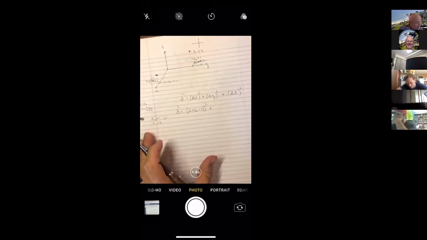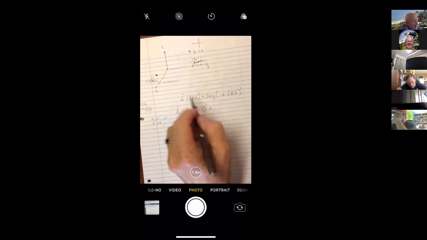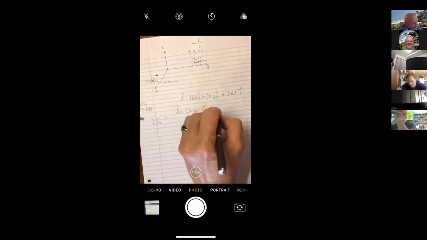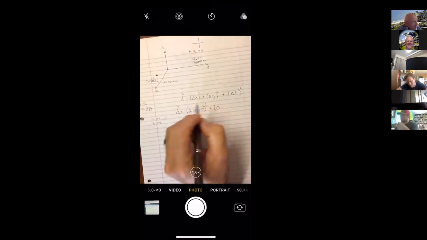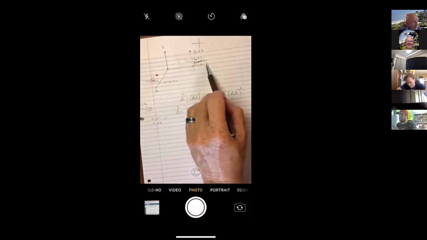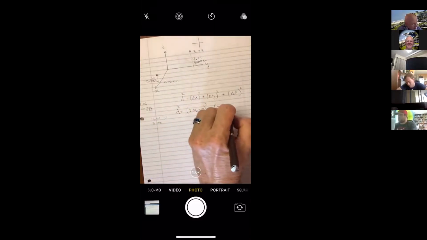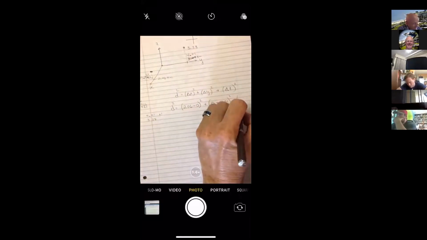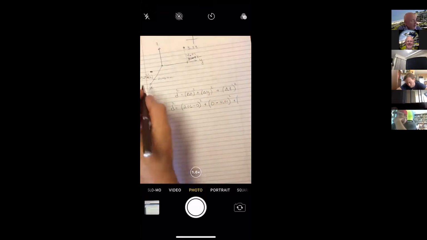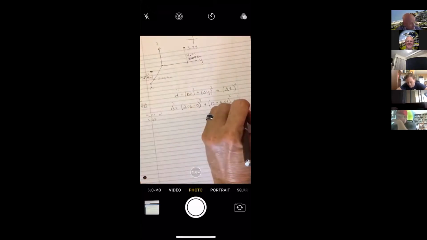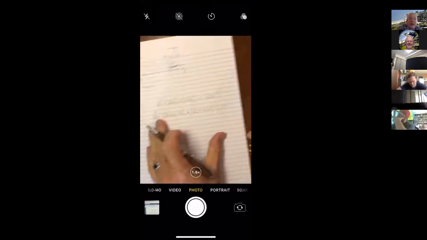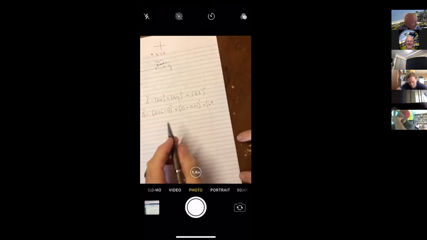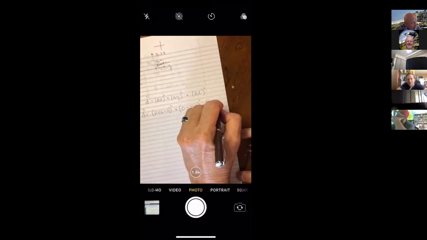Now, on the y-axis, the first plane was 0, and the second plane was at 4.01. And on the z-axis, the first plane was at 0.962.